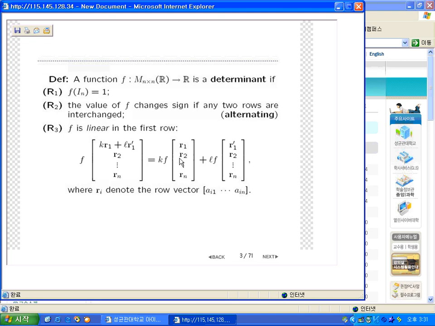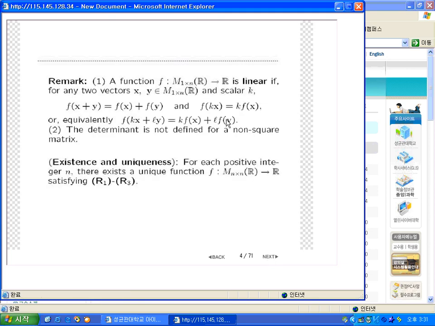Determinant is a function that satisfies these three properties. Okay, we can easily check f is a linear function, and we can also show the existence and uniqueness of those functions, that function that we defined as the determinant.